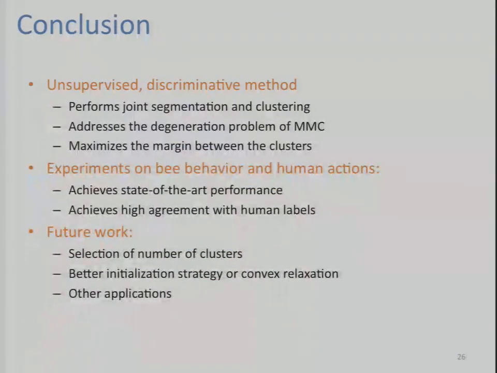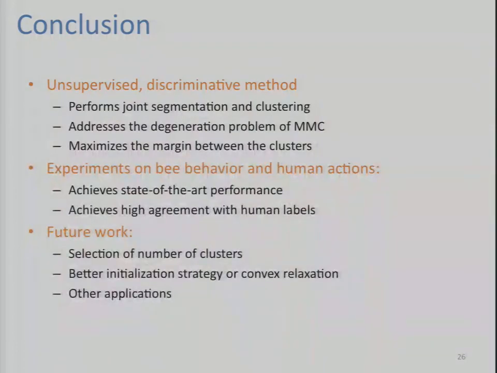Okay. So in conclusion, what we propose is an unsupervised discriminative method for jointly doing temporal segmentation and clustering. We address the degeneration problem of the original formulation of MMC and the criteria that we use to maximize the margin between clusters.